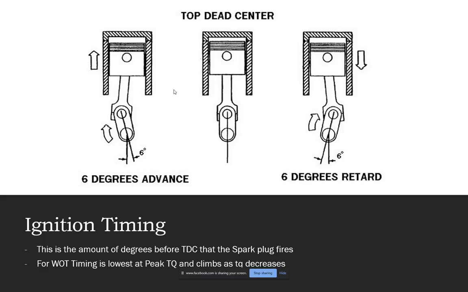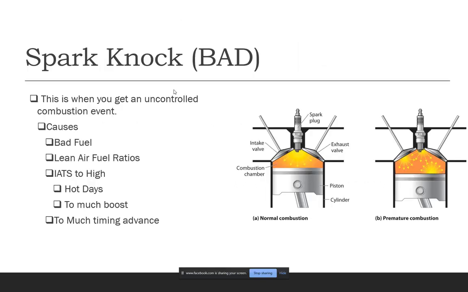So 11, 12, 13, I think on the stock tune, you usually get around 15 to 16 degrees peak. Could be wrong here, but it seems to be from memory about what we're looking at. So this gives you an idea what timing is. And the reason I'm explaining all these terms is so when we're talking about the logs in a few minutes here, you actually understand what's happening.